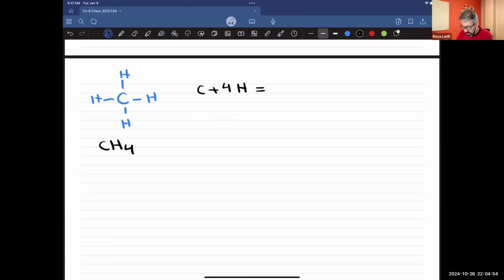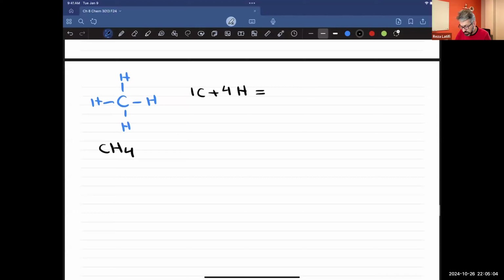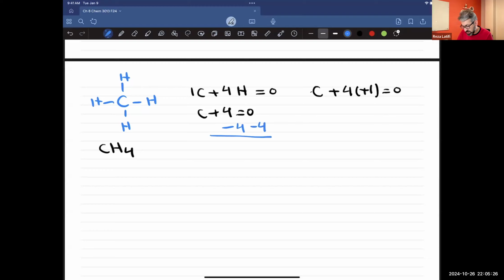The common charge for hydrogen is +1. So carbon plus 4 hydrogens multiplied by +1 for each hydrogen equals 0. Carbon plus 4 equals 0. Subtract 4 from both sides, and we get the oxidation number of carbon equal to -4.